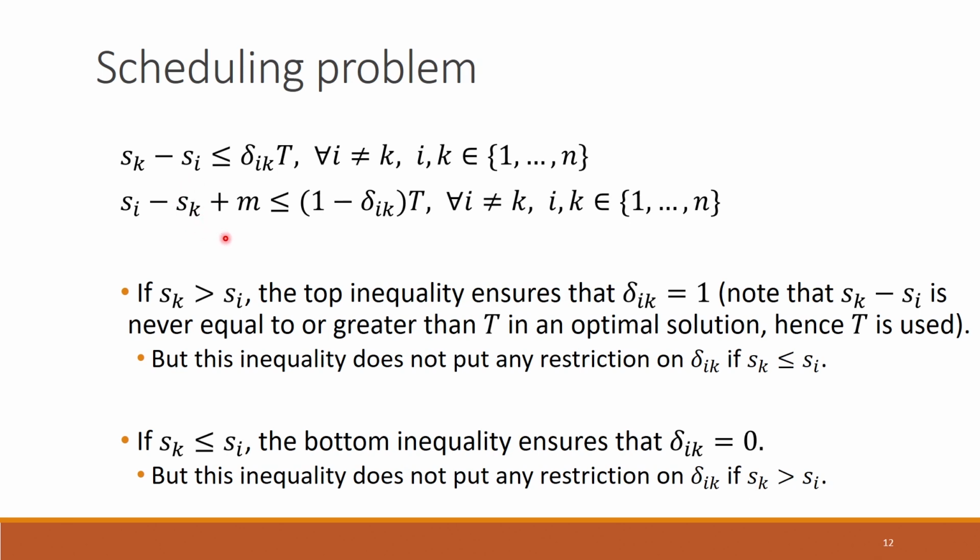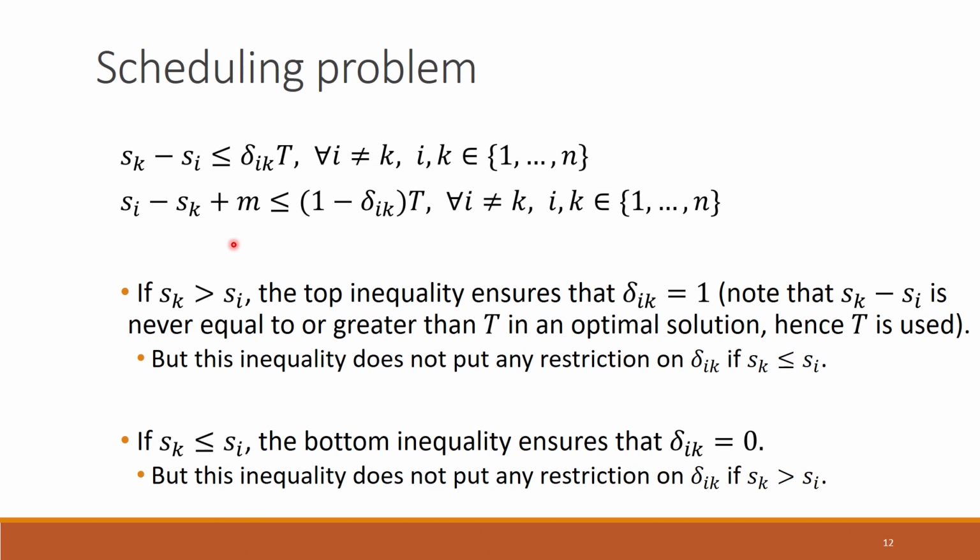Okay. Why is that? Because we have assumed that the starting times here are integers. So, if Sk is greater than Si, Si minus Sk has to be less than or equal to minus 1. And since m lies in the open interval 0 to 1, this quantity Si minus Sk plus m, that is the LHS of this bottom constraint, will be negative only.